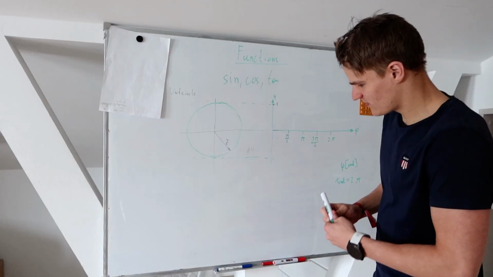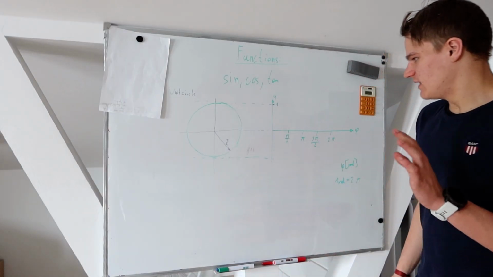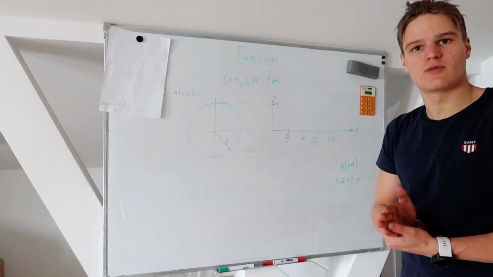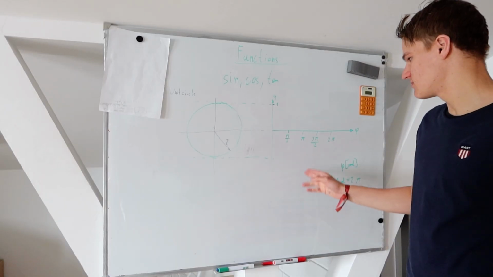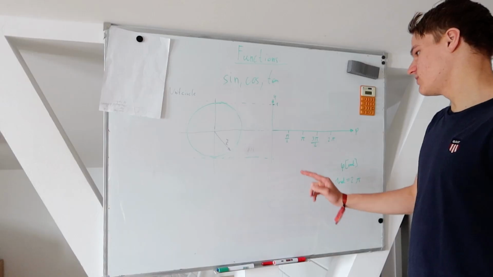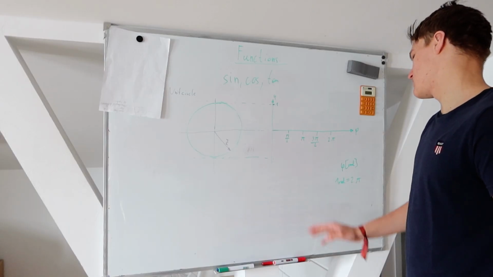Good. Now let's understand this first. Pi halves means 90 degrees, right angle. Pi, 180 degrees, and so on and so forth. 90, 180, 270, 360.